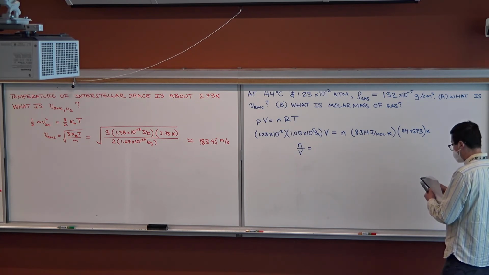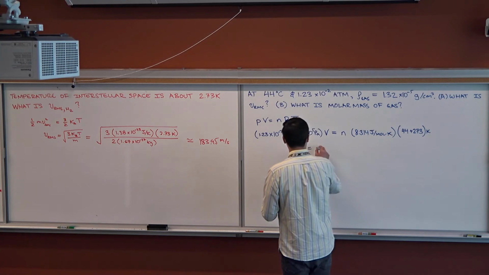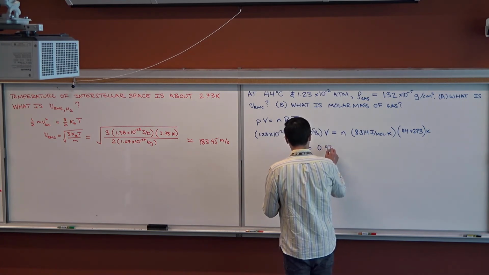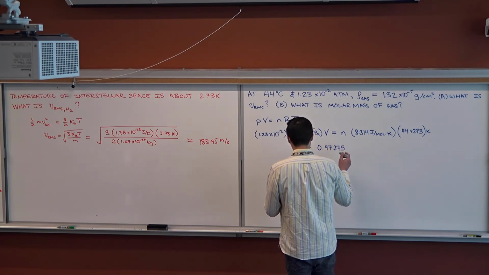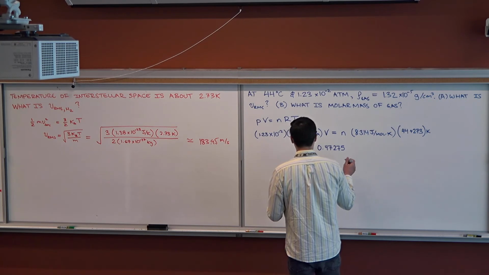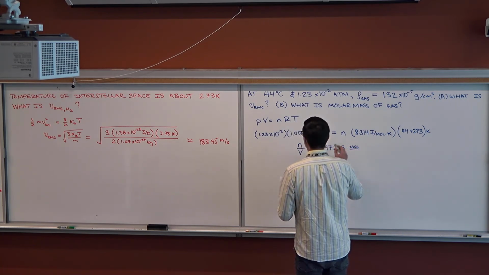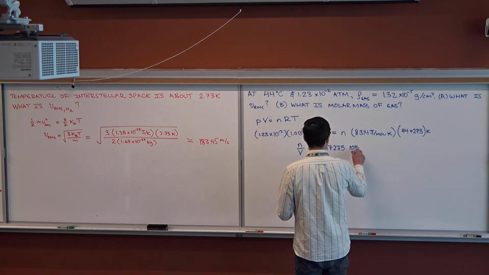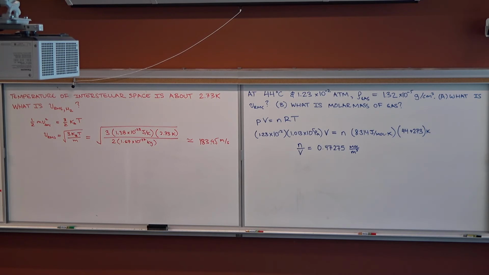Is that what it said? So I think this is 0.47. I'm going to keep extra sig figs here just for the time being. That'll be moles per cubic meter.